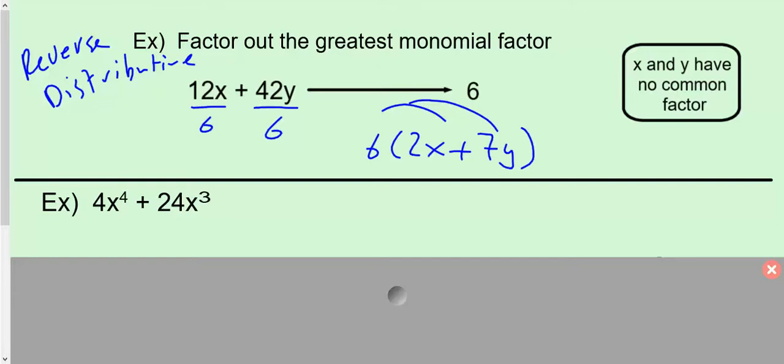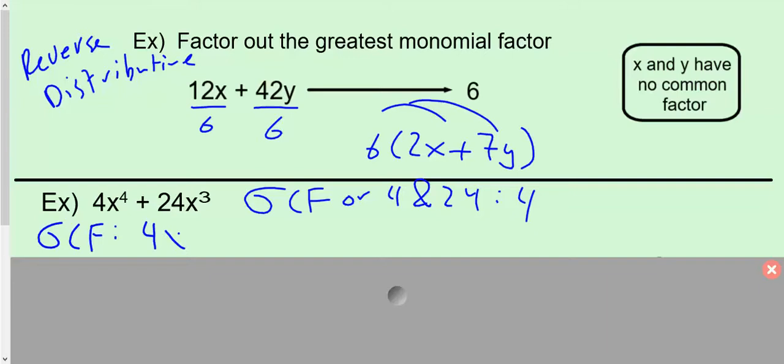All right, so I'm going to take a look at 4 and 24. The GCF of 4 and 24 is 4. I can divide 4 out of both of those. And the largest power of x is x to the third. So the GCF of this is 4x to the third power.